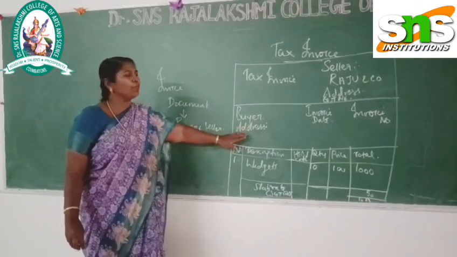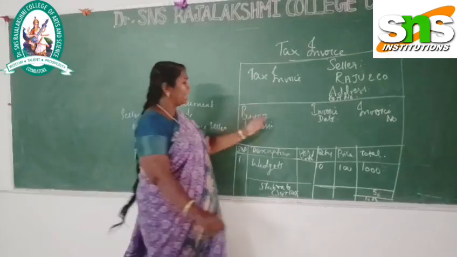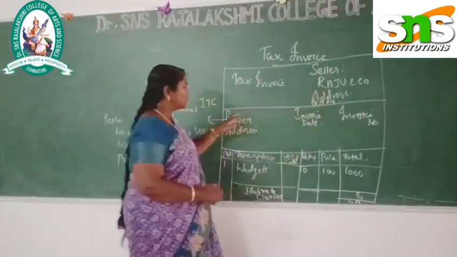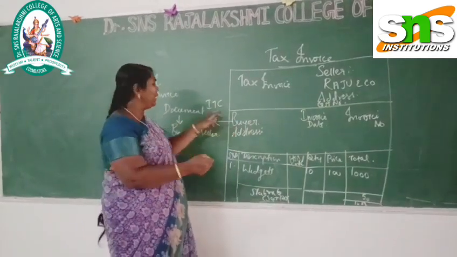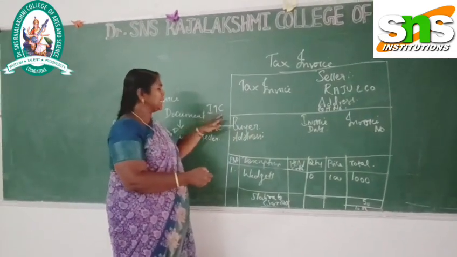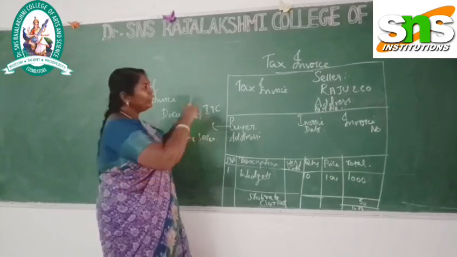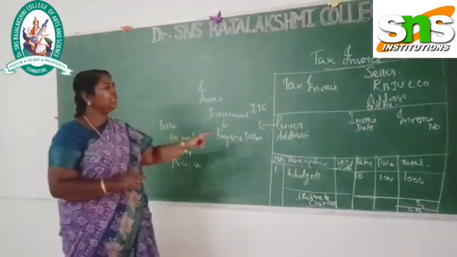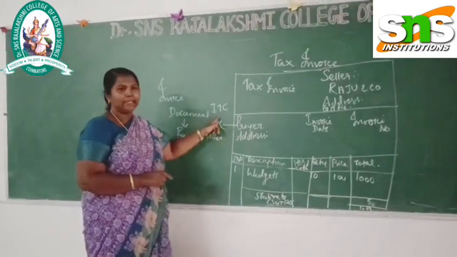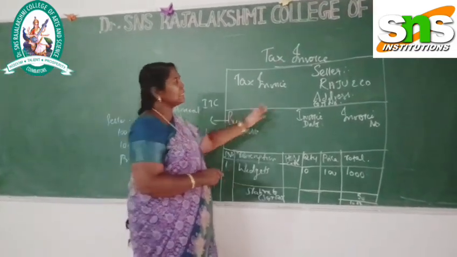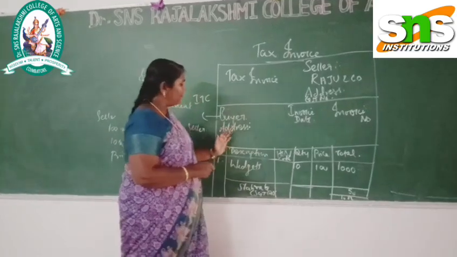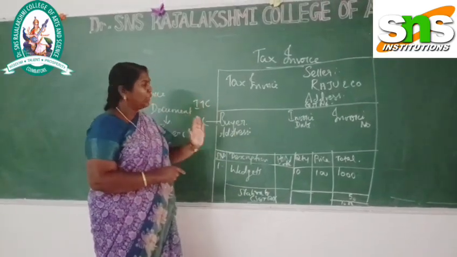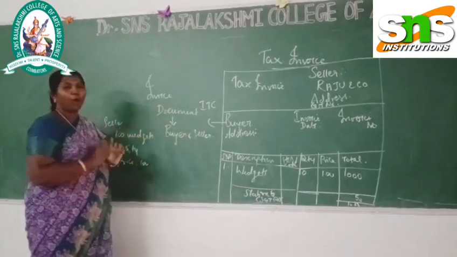The main concept of the tax invoice is that the buyer, Ram, is paying tax to Raju, so he has to claim input tax credit, that is ITC, from the government. Only if the tax invoice has accurate and clear information can the buyer claim the ITC. Likewise, the seller is collecting the tax from the buyer, so the data should be accurately described in the proper format.